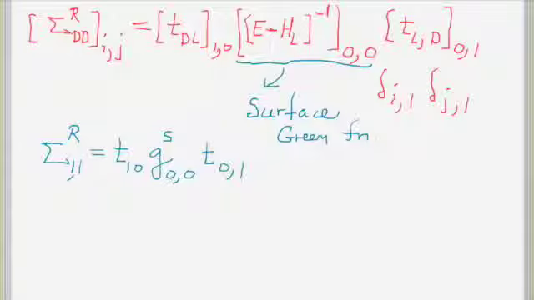So just to recap, previously we calculated that sigma R was equal to negative, I think it's negative magnitude T, e to the i ka.